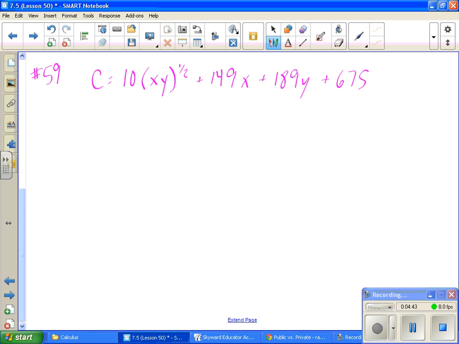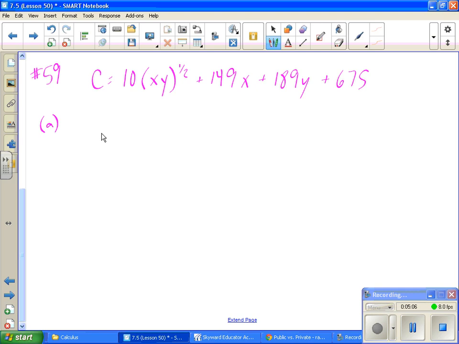Okay, so it says a company manufactures 2 models of bikes. We got mountain and racing. The cost, X is the mountain bikes and Y is the racing bikes is given there. Part A, find the marginal cost. So marginal means the derivative. So we're doing the derivative cost when x is 120 and y is 160.